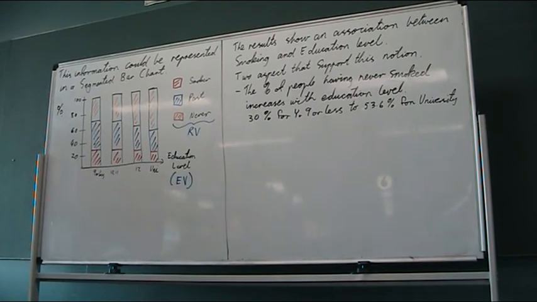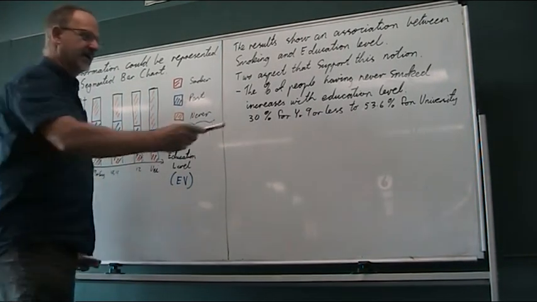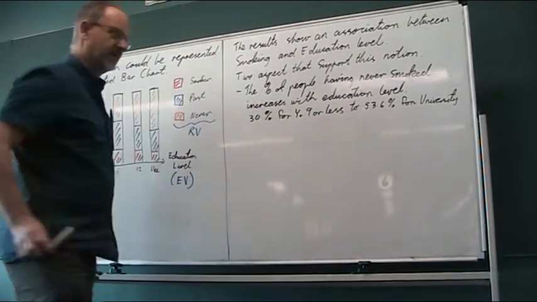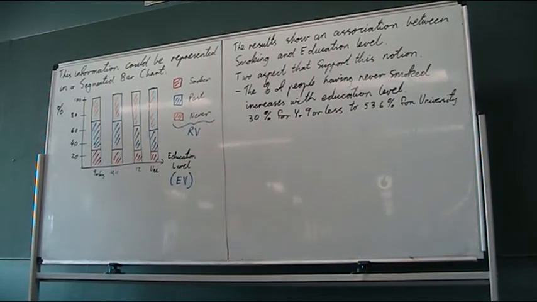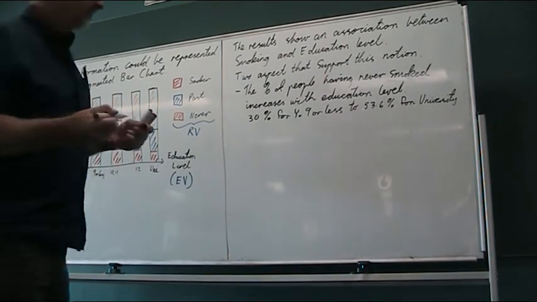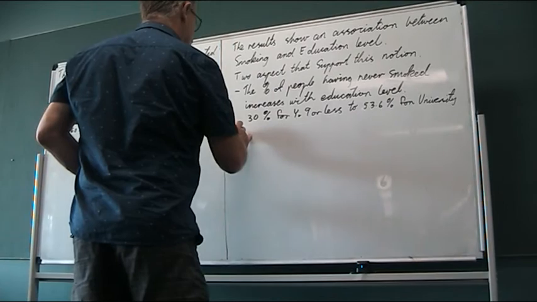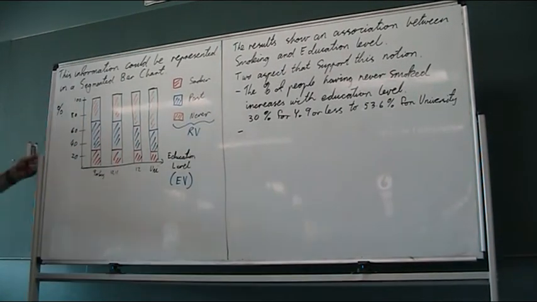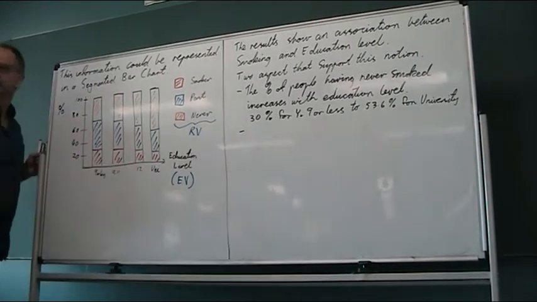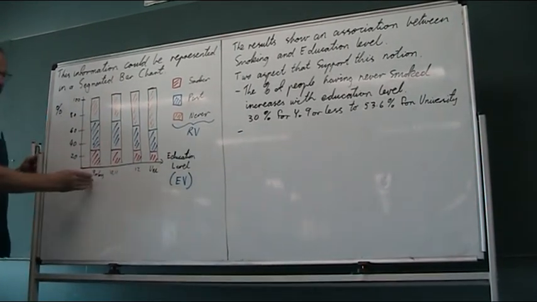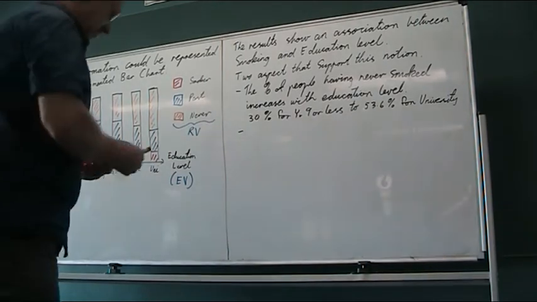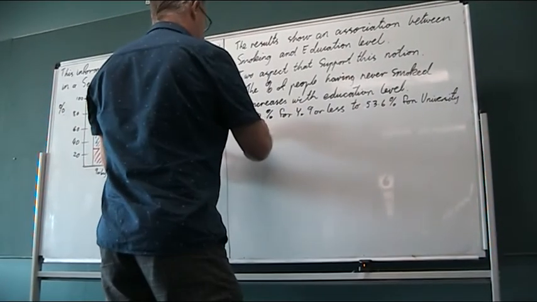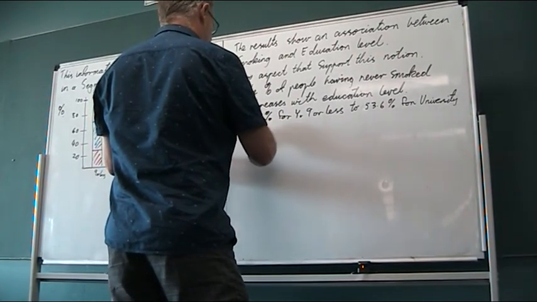The wording is not super important. The important bit is that you make a statement and then support it with data. And the other bit, of course, is the percentage of people that actually do smoke decreases from year 9 or less. So you could write it a slightly different way.